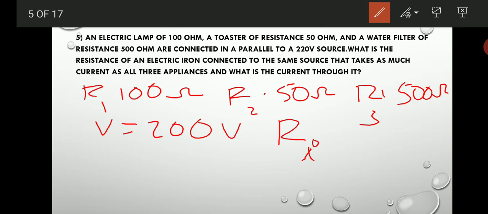To find the current, you should find the effective resistance of these 3 resistors. So again the effective resistance is the reciprocal. We will solve that and get Rp. Now Rp and V are known, so we can find the current in the electric iron.